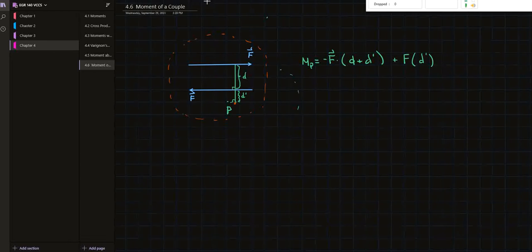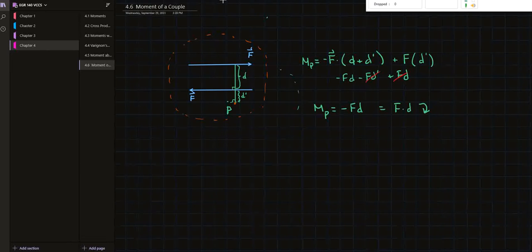Well, as you see, you end up with minus Fd minus Fd prime plus Fd prime. These two cancel out, and we're left with the moment about P equals minus Fd, which just means that it's F times d in the clockwise direction.